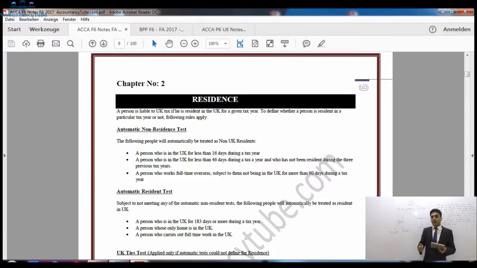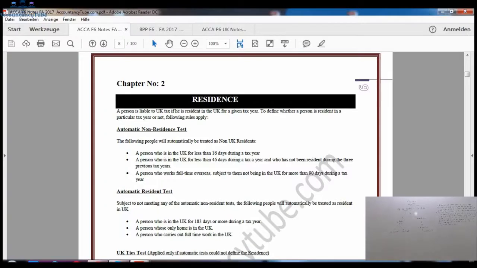Likewise, in earlier years, you might not have been UK resident in the previous year, but you might be UK resident this year. So whichever year you are UK resident, you will have to pay UK tax in that specific year. That's why it says a person is liable to UK tax if he is resident in the UK for a given tax year.